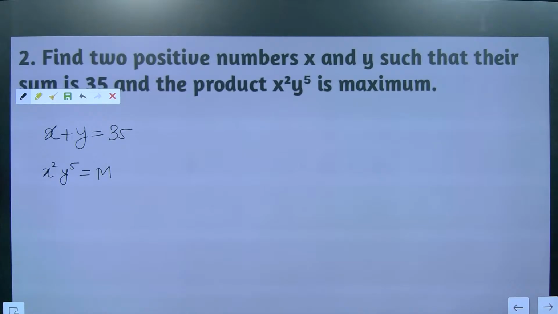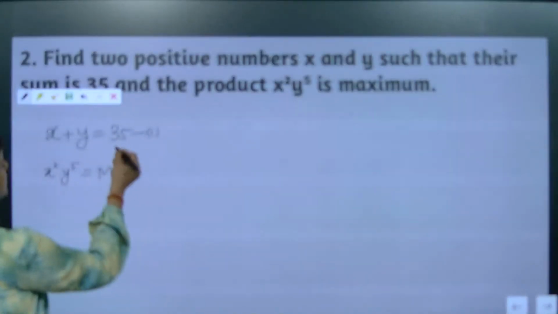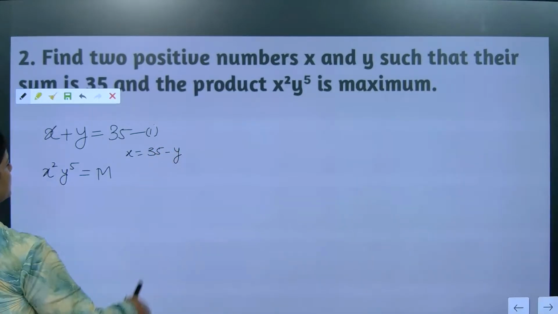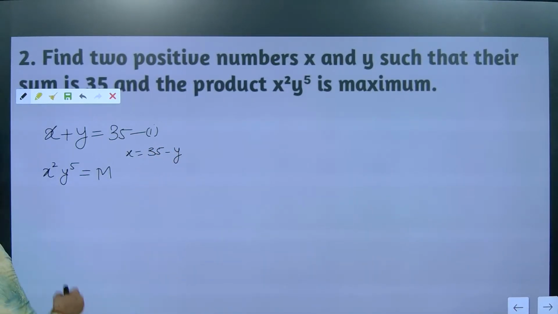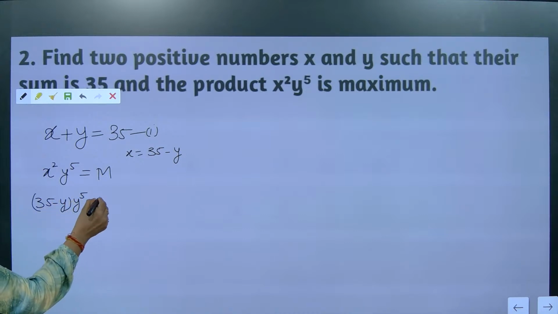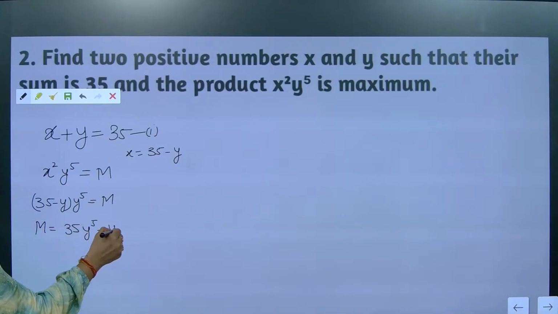We'll try to convert it into y format because here y to the power 5 is there. Dangerous. Okay. Take this as equation 1. Equation 1 will give you x equal to 35 minus y. Okay, we will substitute here 35 minus y into y to the power 5 is equal to m. So m is coming as 35y5 minus y6.